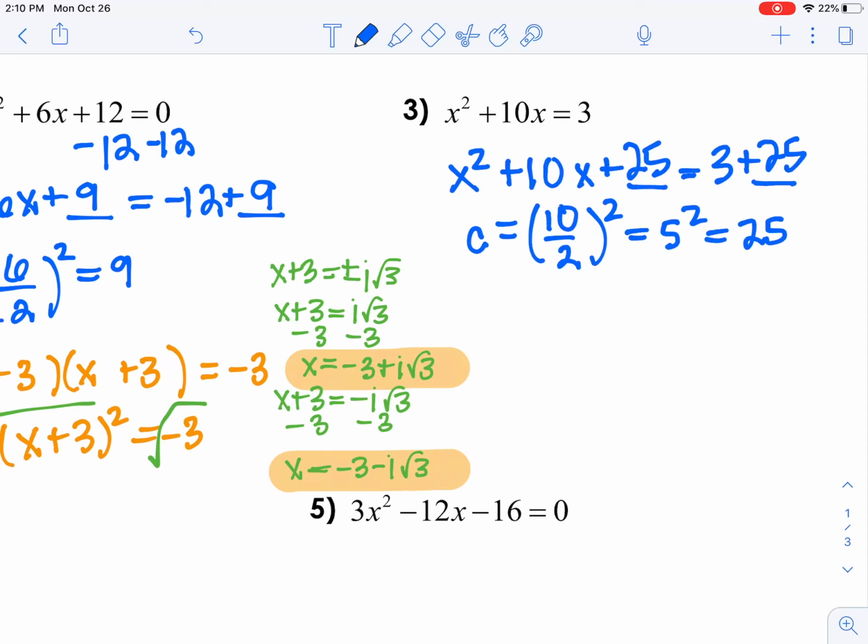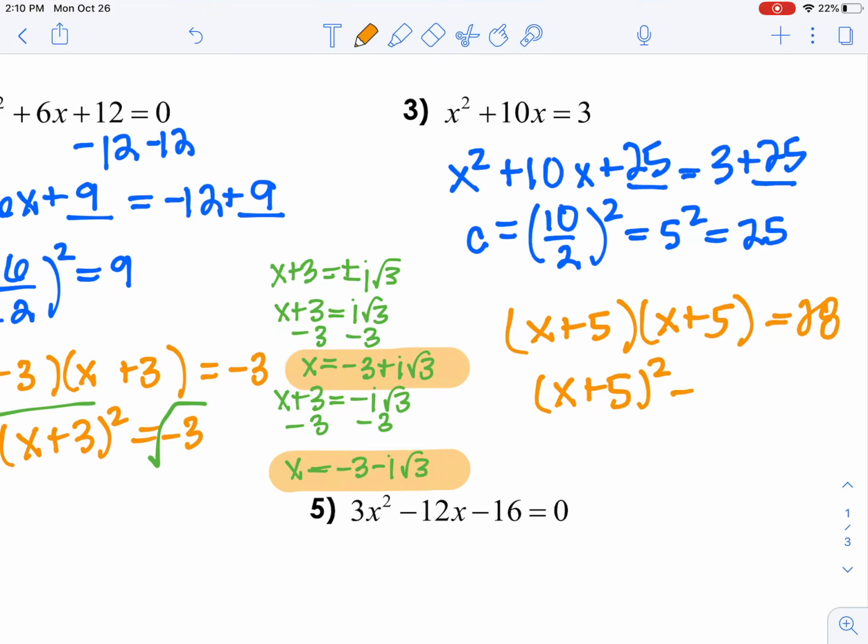Now we can factor this. We know we're going to get x and x to get x squared. And then plus 5. So x plus 5 squared is 28.